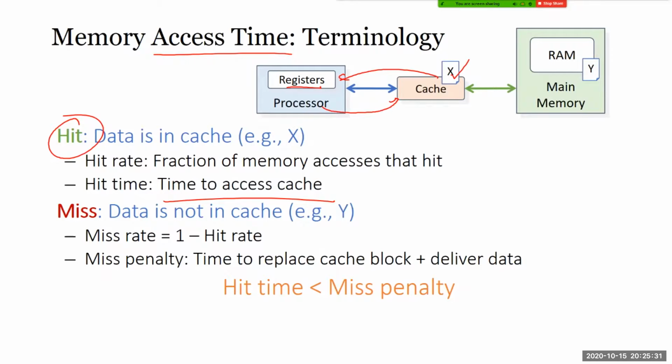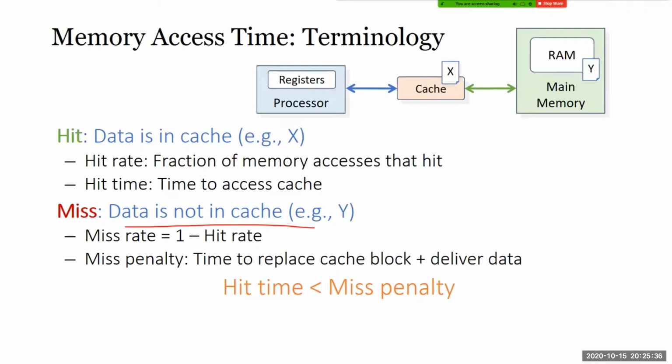So this is the access time. Now, if you miss, I have some time wasted. Oh, it's a miss. I must go to RAM, slowly bring the data here and bring it back again. This is called the miss penalty.